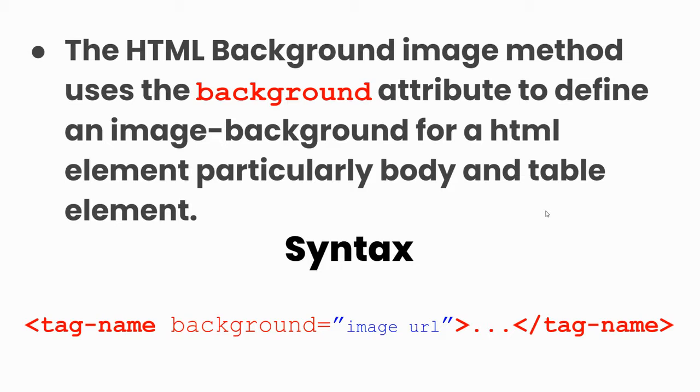But the image URL has a different way of doing this. It's not going to be like your regular source attributes where you just put in the image between the double quotation marks. No, it doesn't work that way here. Here it's quite different, and I would show you how it is done when we get back to VS Code.